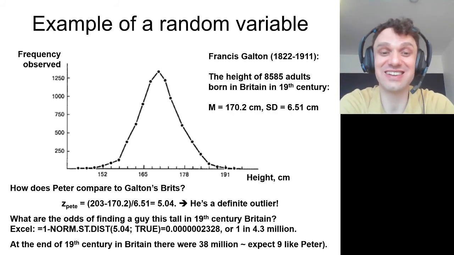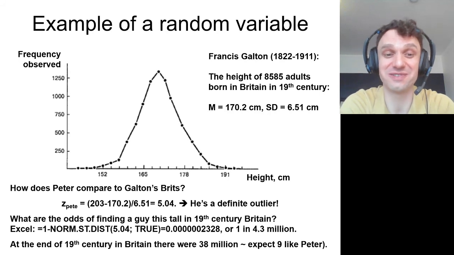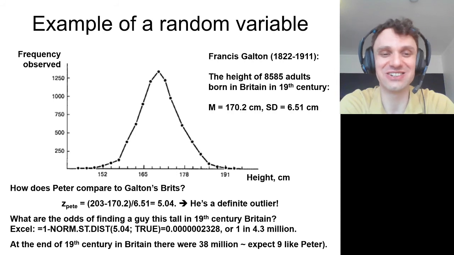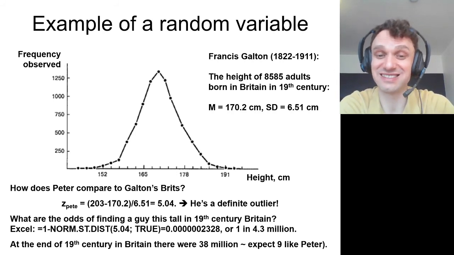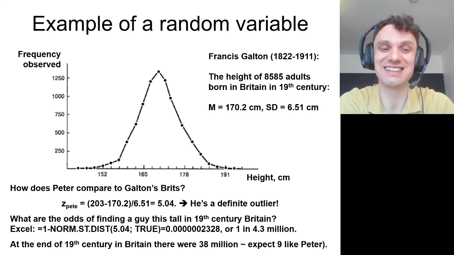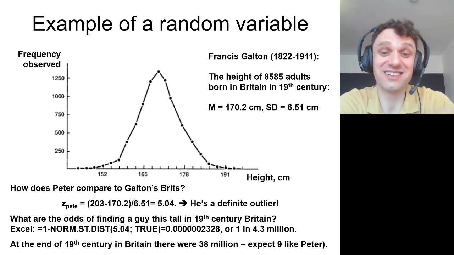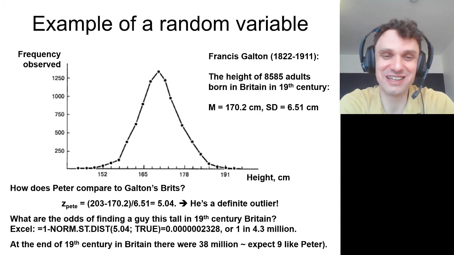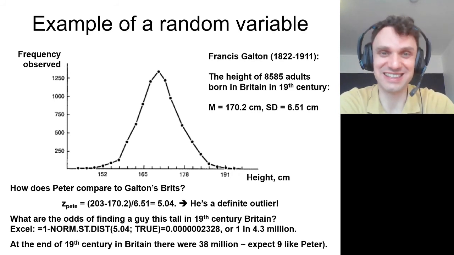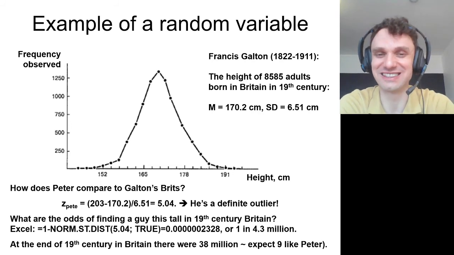And for Peter the Great, you can see that the odds of finding a guy this tall are like 1 in 0.43 million. So in the 19th century in Britain, there were maybe at best 10 people like Peter the Great. And that's the reason why he was called great, because he was exceptionally tall. And maybe that contributed to his success as a czar as well, because he was obviously a miracle.